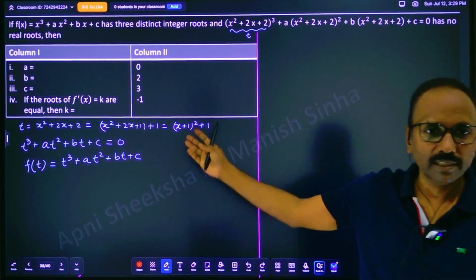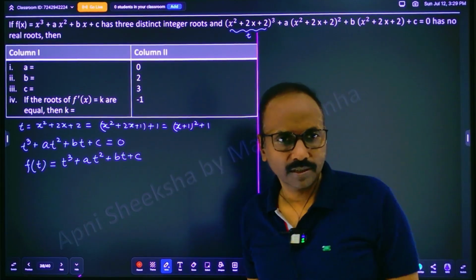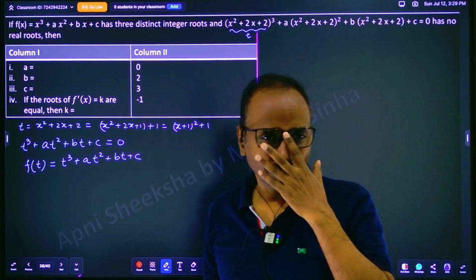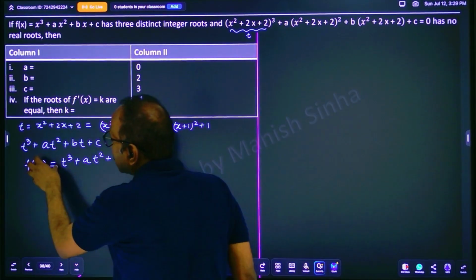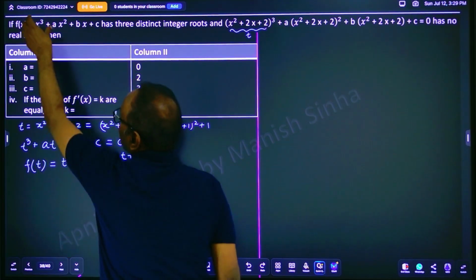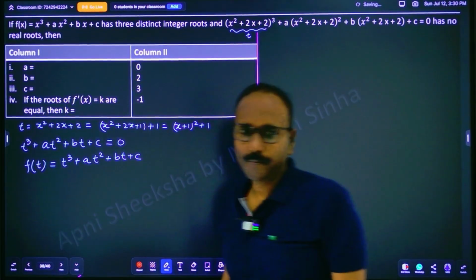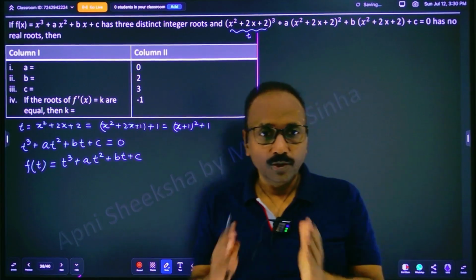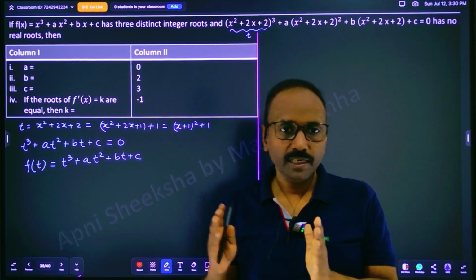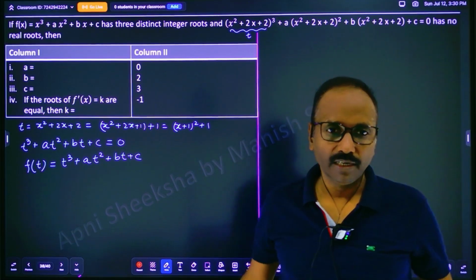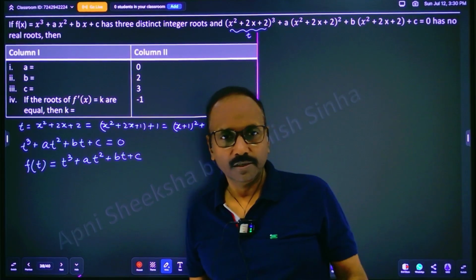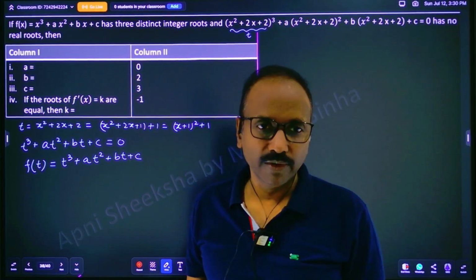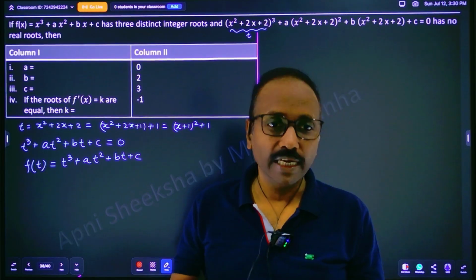And if you make it 0, then it will become an equation. The only difference between f(t) and f(x) is that the domain of the variable will be different for the roots of the equation if we are trying to get them, right?